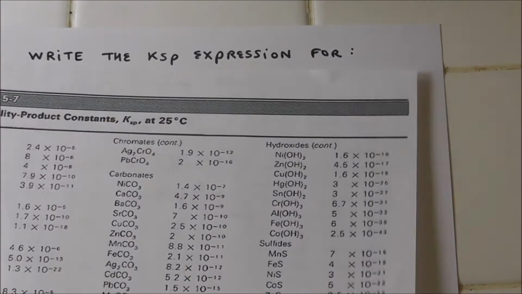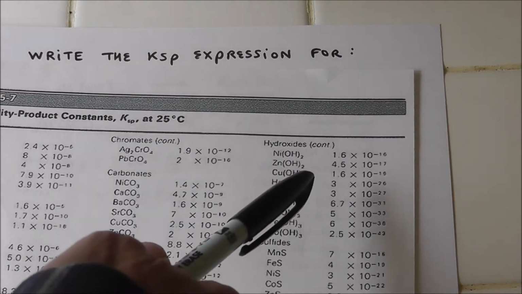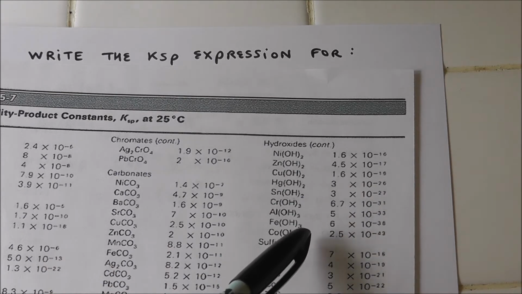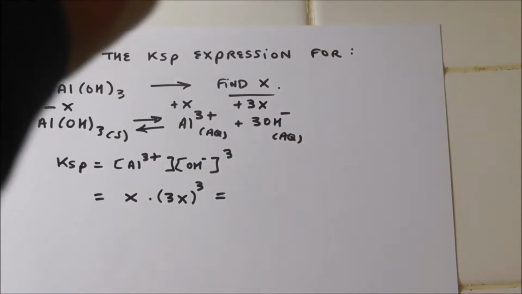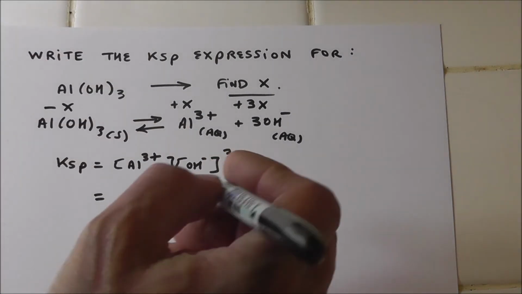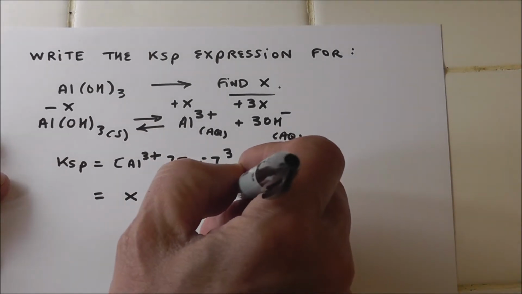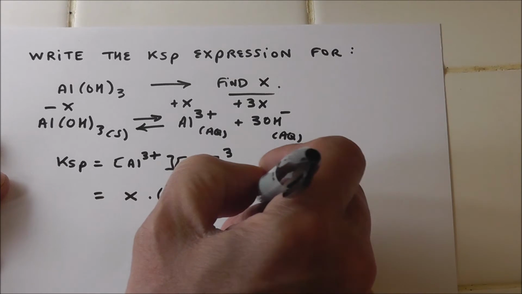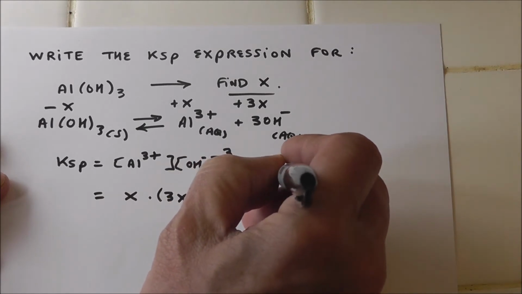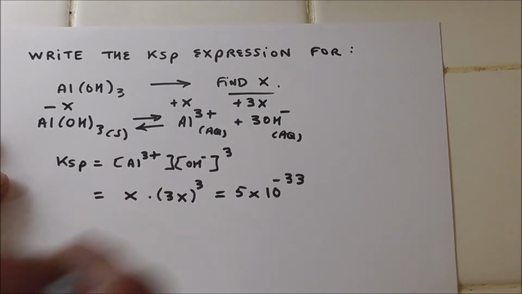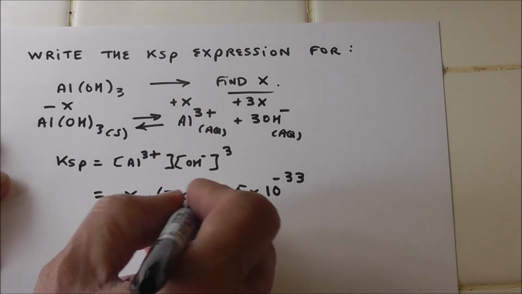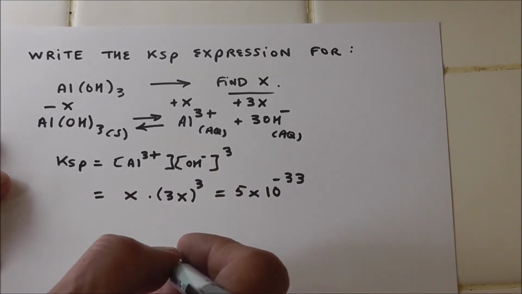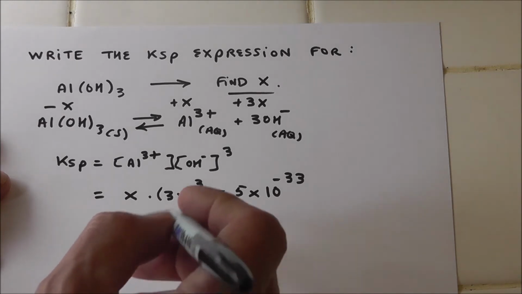So let's look it up. Hydroxides are right here. There's aluminum hydroxide, 5 times 10 to the minus 33. That's all equal to 5 times 10 to the minus 33. Anyhow, 3x cubed is 3x times 3x times 3x, so that's 27x cubed.